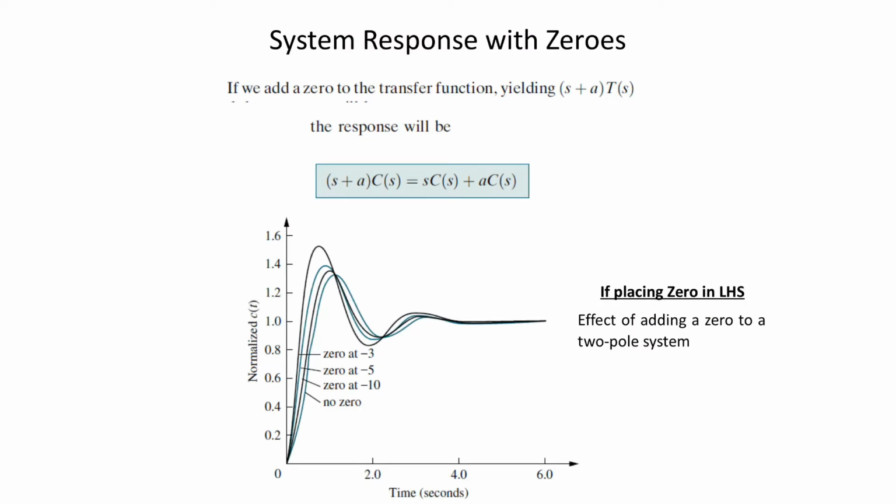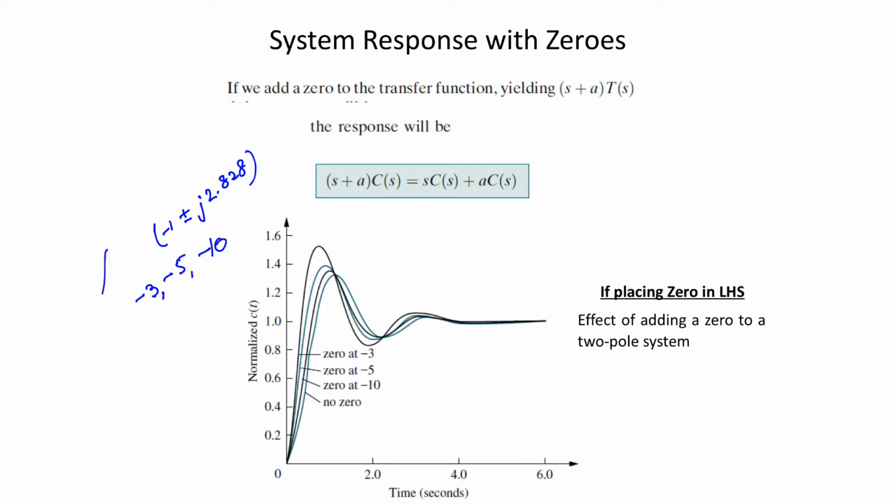Now let us consider a system where the poles are at -1 ± j2.828, and we consecutively add zeros at -3, -5 and -10. It means that we add these terms in the numerator, because zeros are in the numerator.